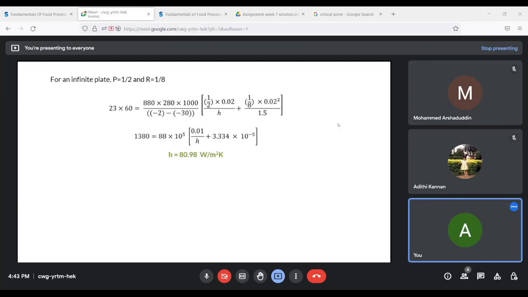So H is coming out to be 80.98 watt per meter square Kelvin. Is this clear? Any doubt? The answer to this question is option D. If you want me to repeat also, we can repeat. So this is the Planck's equation.